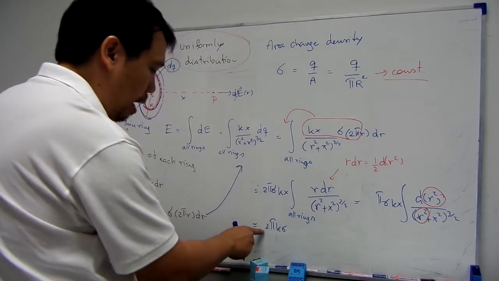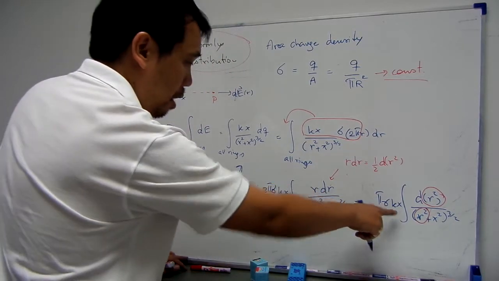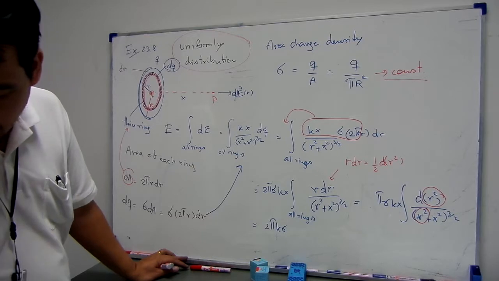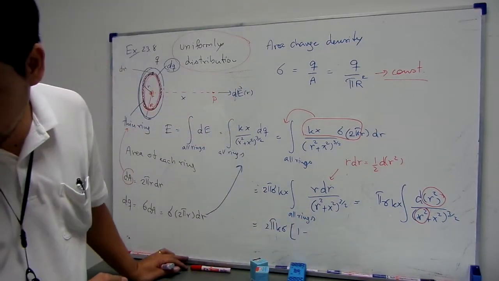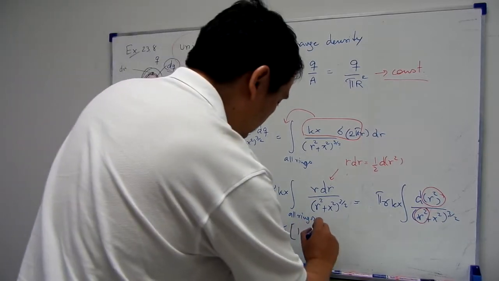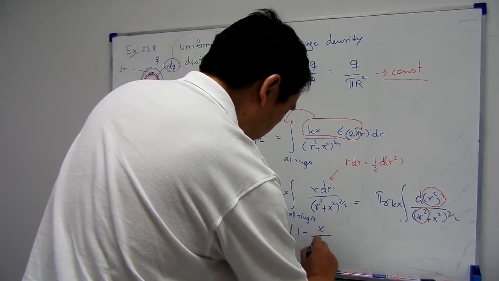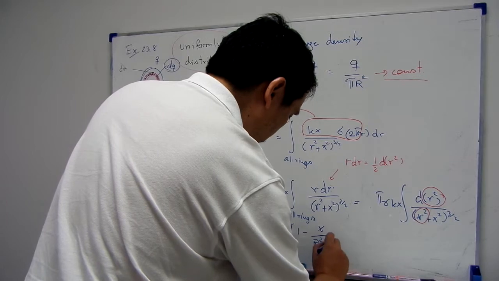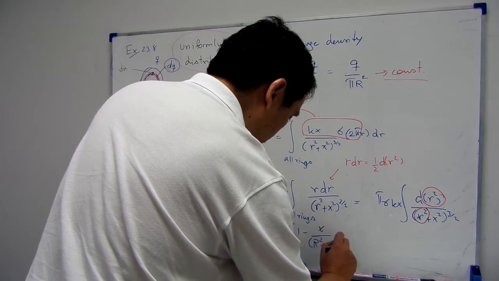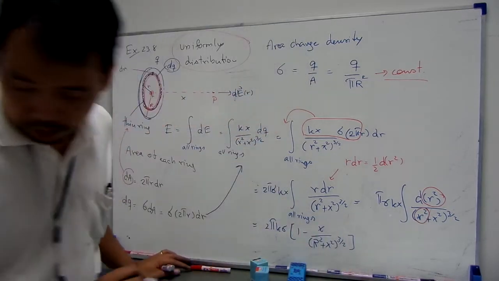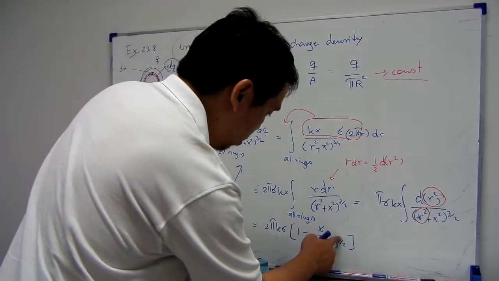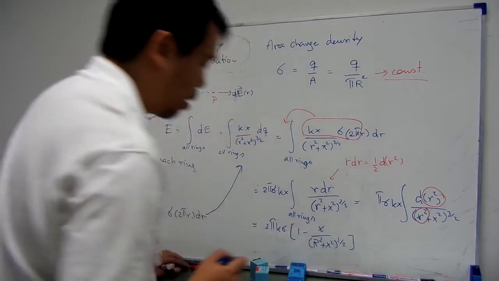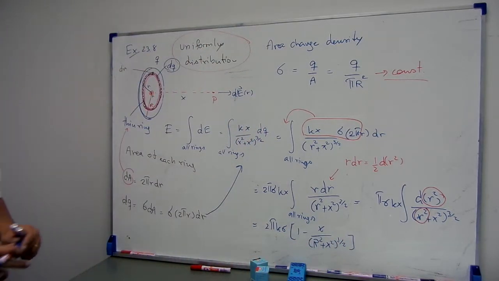The number 2 comes back again because of the process of the integration, times 1 minus x over the square root of (big R squared plus x squared).